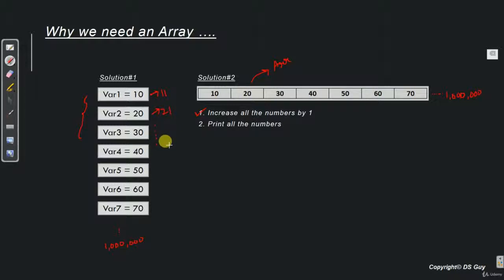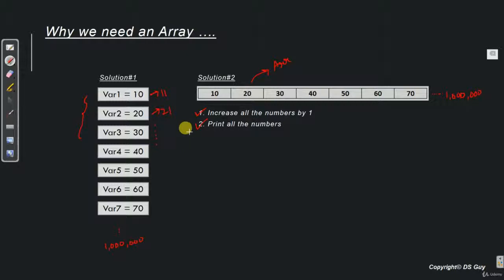That is a tedious task. Imagine we have to write 1 million lines of code just to update a number in each of these variables. Similarly, if we want to print all these numbers, it's still the same problem. We have to access all these 1 million variables one by one and print them. Again, a very tedious task.